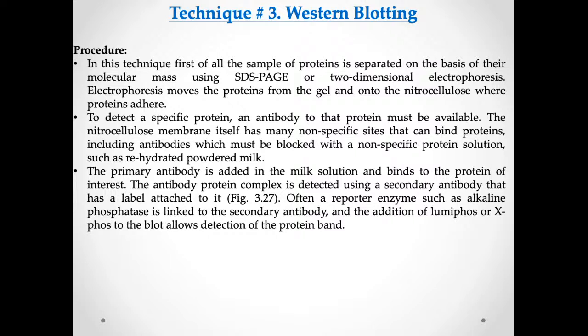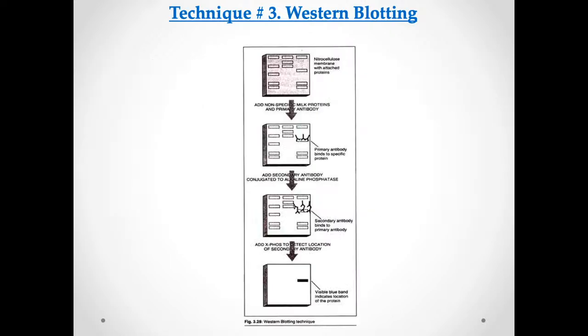The nitrocellulose membrane has non-specific sites that can bind proteins, including antibodies, which must be blocked with a non-specific protein solution. Then primary antibodies added into the milk solution bind to the protein of interest. Then the secondary antibodies are added, linked to reporter enzymes such as alkaline phosphatase, and with a fluorophore or X-ray film we can see these protein bands.